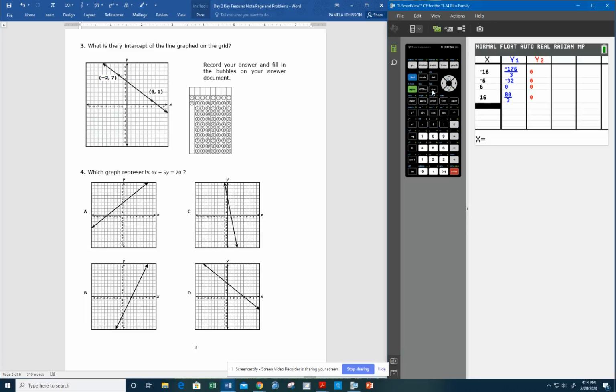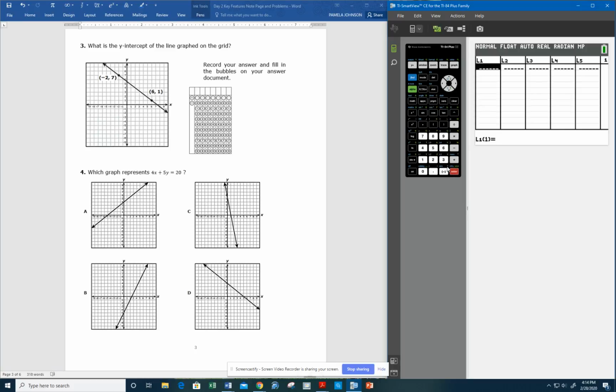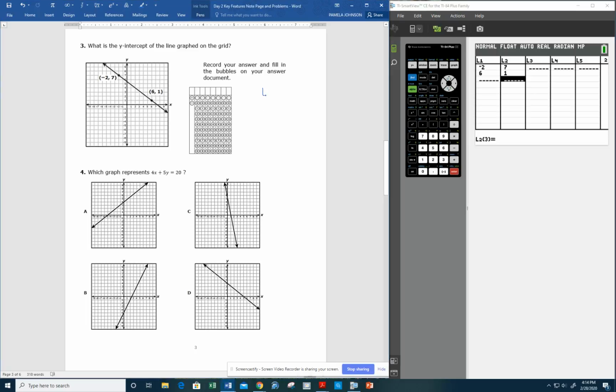So in your calculator, you're going to go to stat, you're going to edit, and you're going to put your x values in L1, and you're going to put the y values in L2. Okay? So over here we did L1 and L2 in stat edit.